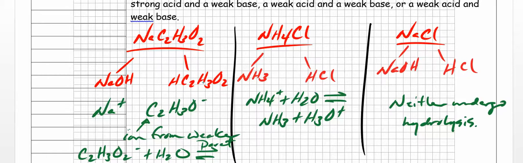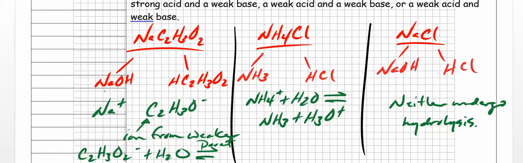It's HC2H3O2. So we're going to ask the question, first of all, is this a strong base or a weak base? And is this a strong acid or a weak acid? Well, as it turns out, NaOH is a strong base and HC2H3O2 is a weak acid. Acetic acid is a weak acid.